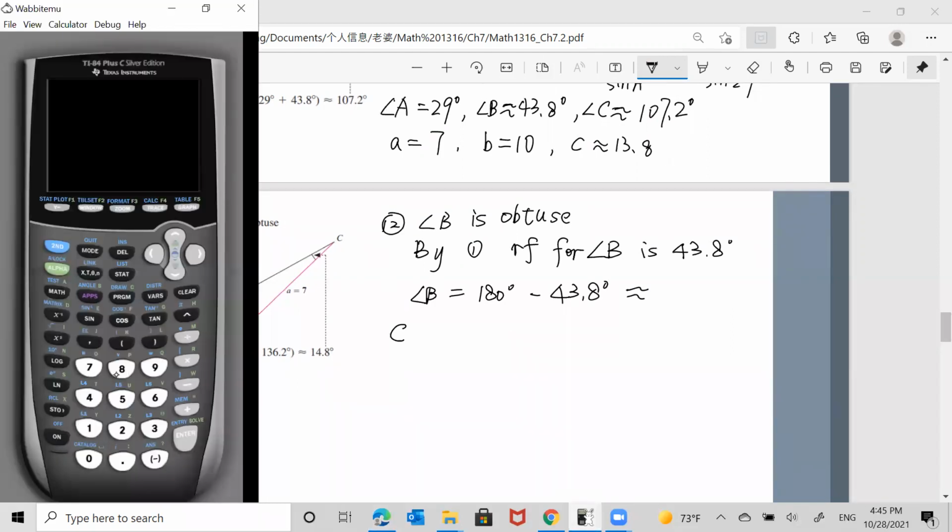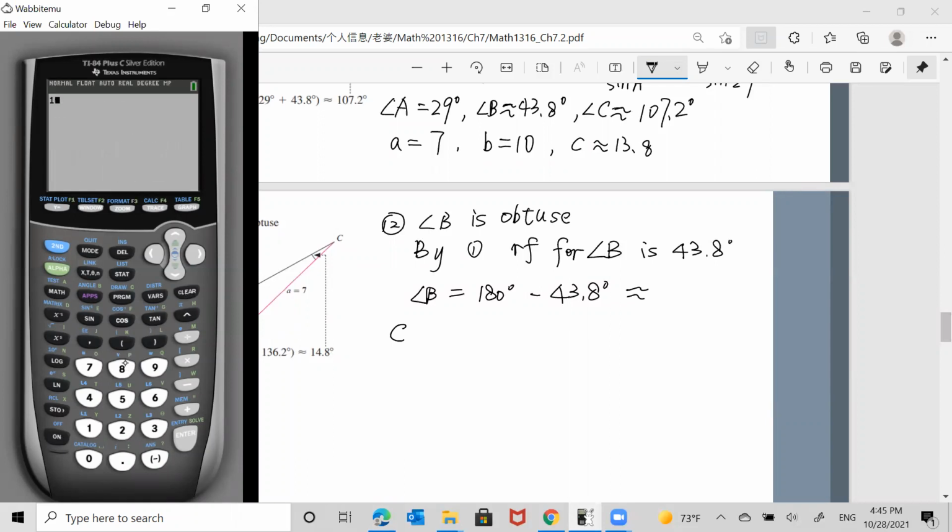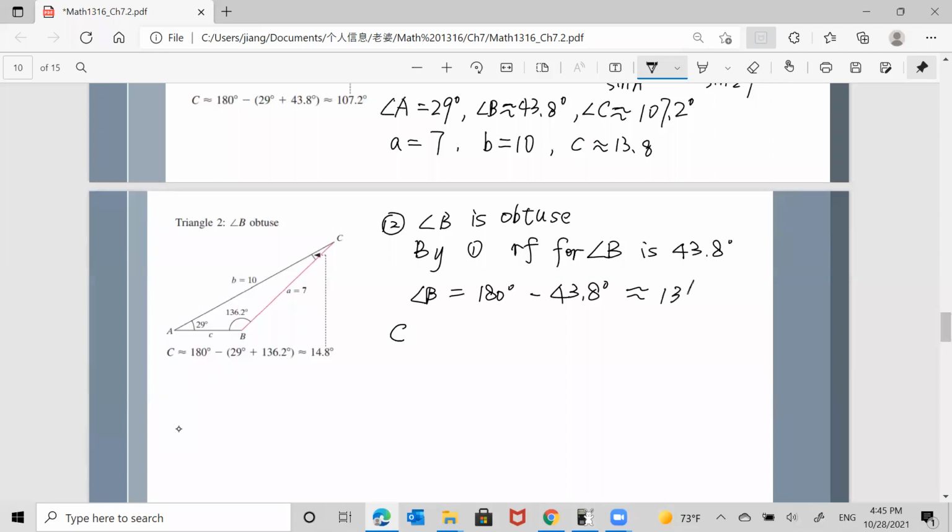So use a calculator. 180 minus 43.8. So that's 136.2 degrees.